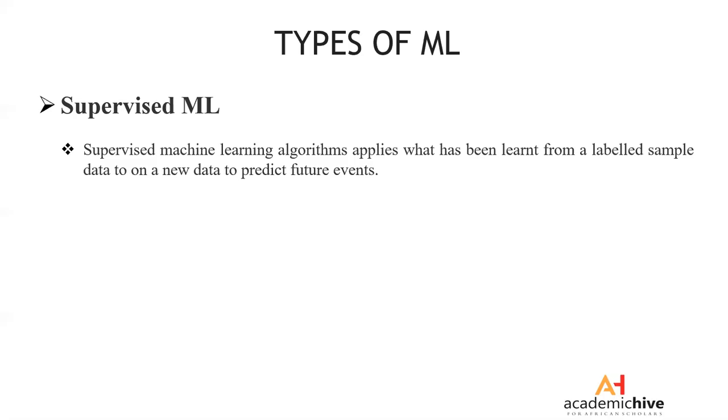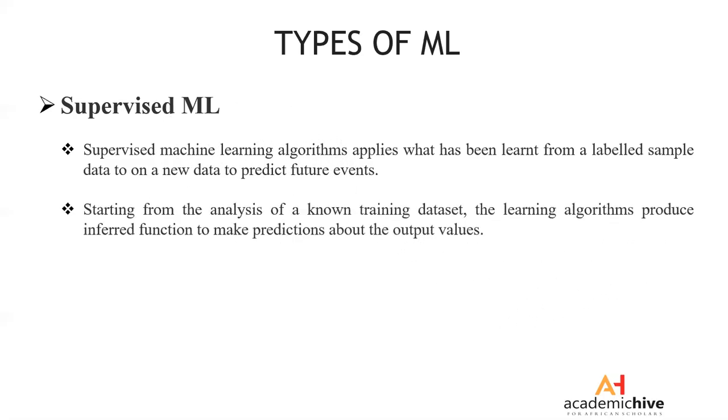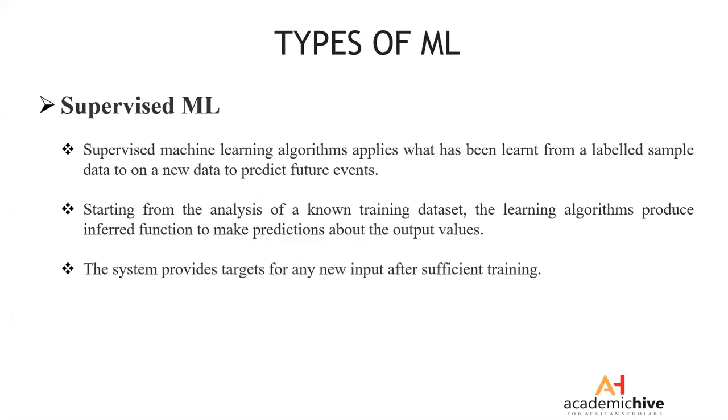Supervised machine learning algorithms apply what has been learned from labeled sample data to new data for the prediction of future events. Starting from the analysis of a known training data set, the learning algorithms produce inferred functions to make predictions about the output values. The system provides targets for any new input after sufficient training.